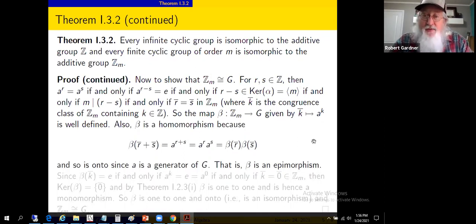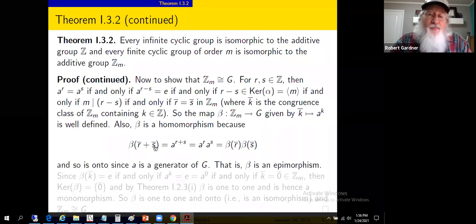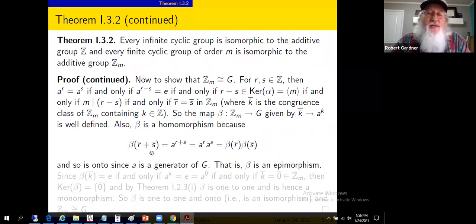Beta is a homomorphism. Next, straightforward, beta of r bar plus s bar allows me to immediately talk about group manipulations. That would be a to the r plus s. We're taking a representative r bar plus a representative of s bar, or if you like, a representative of r plus s bar. Take r plus s.